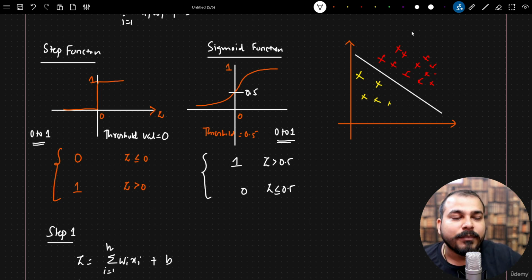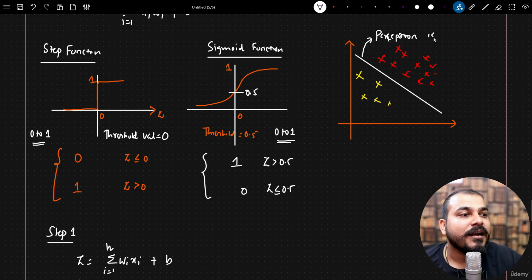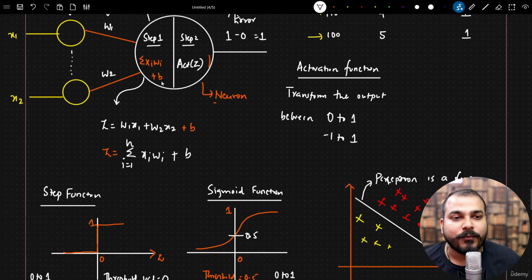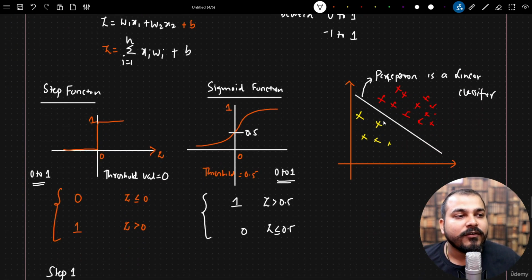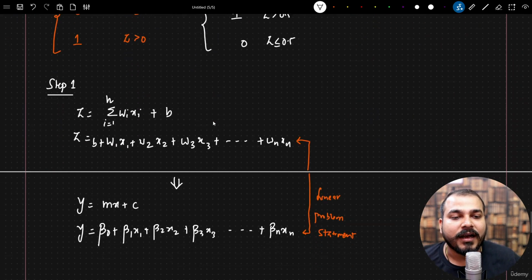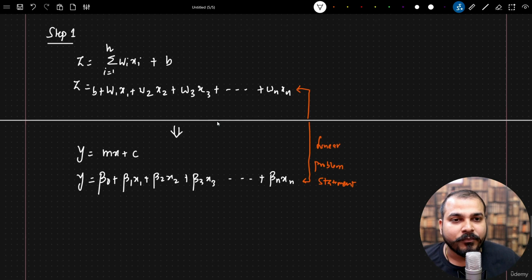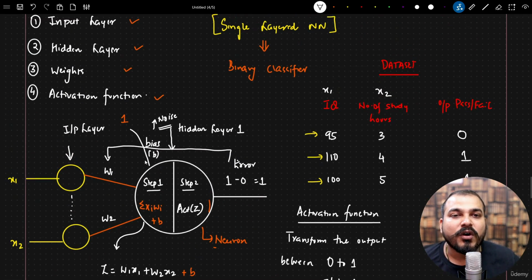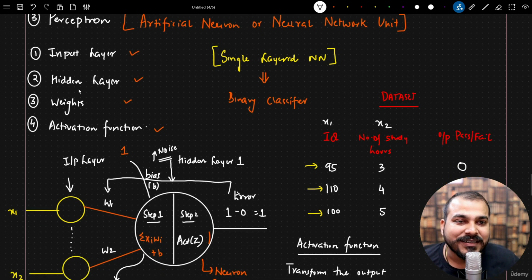That basically means Perceptron is a linear classifier, and that is what we are able to do with the combination of step 1 and step 2. At the end of the day, I need to find the best fit line to solve a classification problem. So this was about a perceptron.